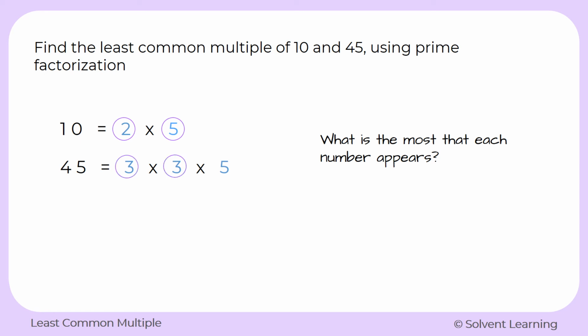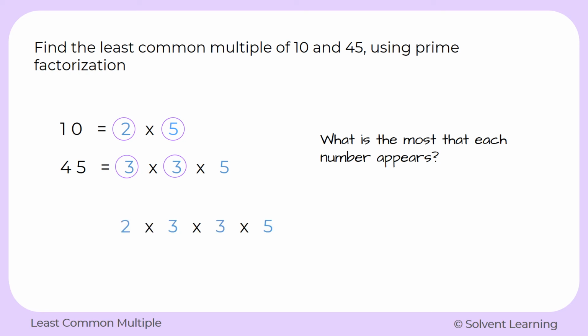The number 3 shows up twice in the number 45. It's okay that 3 doesn't show up for the number 10. Remember, we want to see the most that the number shows up for either list of the prime numbers. So we need to count a 2, a 5, and both of those 3's.